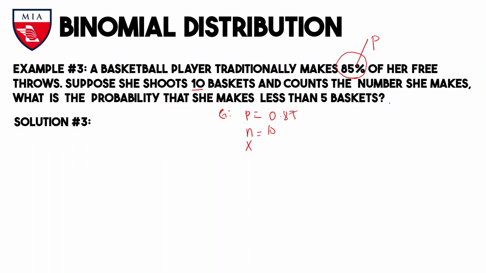So what are the numbers less than 5? We have 0, 1, 2, 3, 4. It means we will have 5 x values. So x1 is equal to 0, x2 is equal to 1, x3 is equal to 2, x4 is equal to 3, and x5 is equal to 4. Then for the required, we need to find the probability of x less than 5.